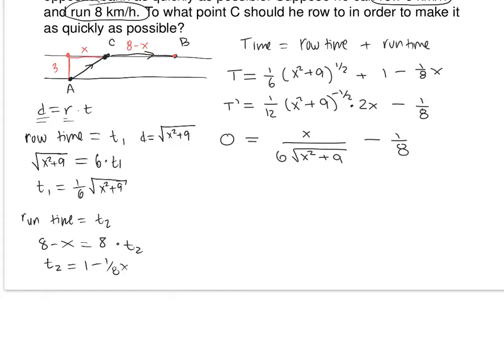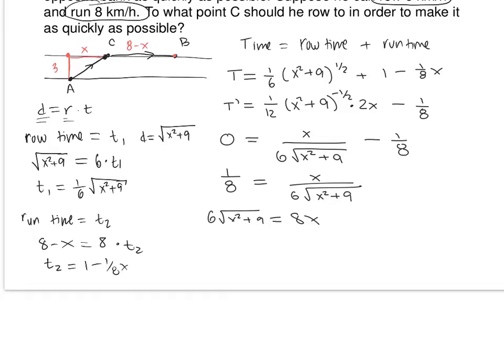Okay, so can you now solve this for x, possibly? How about you add the 1/8 over? And you have heard of cross multiplying, right? So you can say this is 6 root x squared plus 9 equals 8x, right?